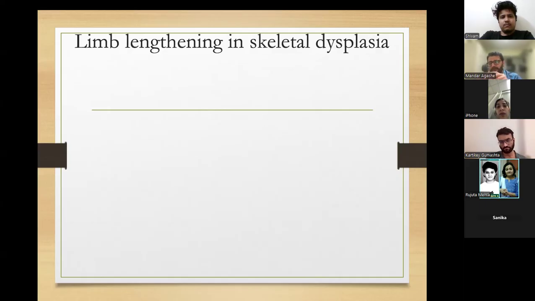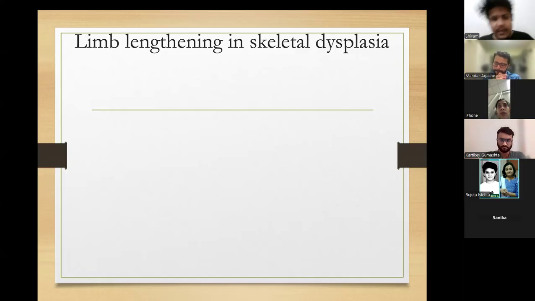And limb lengthening is something which has been described by various authors at various places. So should we do limb lengthening in achondroplasia? Shivam, what do you think? If no, why? If yes, why? In achondroplasia, sir, as such there is no functional disability for the patient.